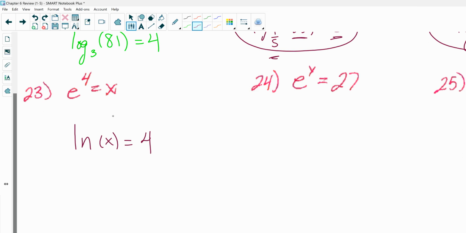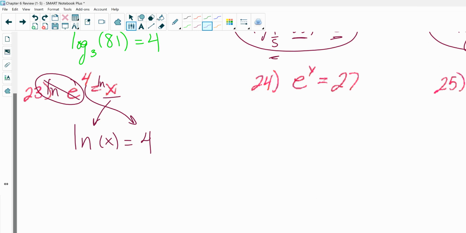Just like we said on the ones before, we can apply the ln to both sides. ln of x stays ln of x. ln of e is 1, so ln of e to the 4th simplifies to just 4, leaving us with ln of x equals 4. Now, unlike the last 3 that we did, we can't check this one because we don't have a value of x. x has to have a specific value.